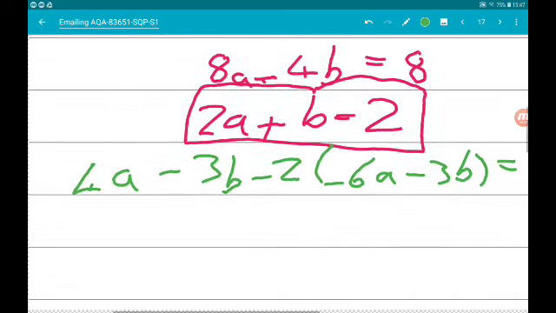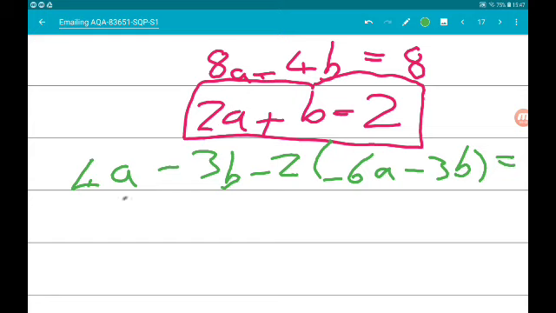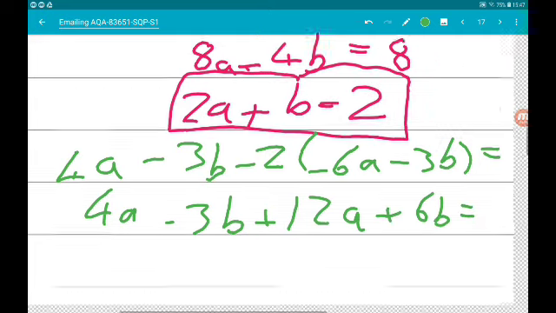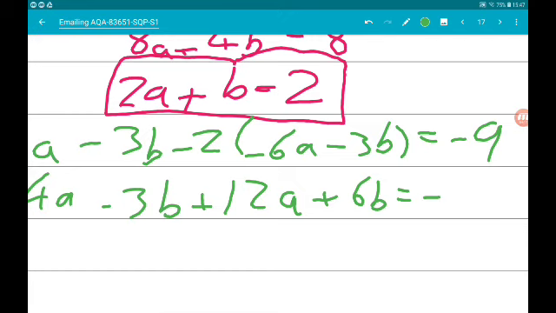Okay, so we've got 4a minus 3b. Now, minus 2 times minus 6a is add 12a. And then minus 2 times minus 3b gives us add 6b. And that is equal to minus 9.